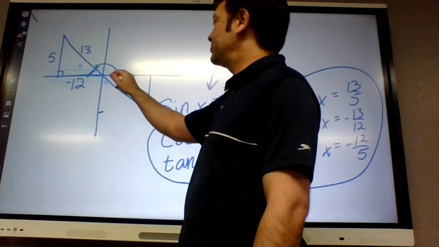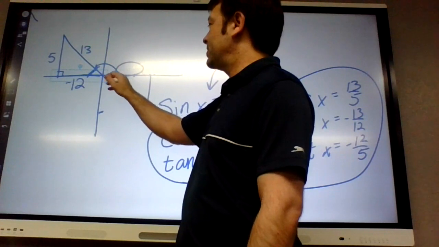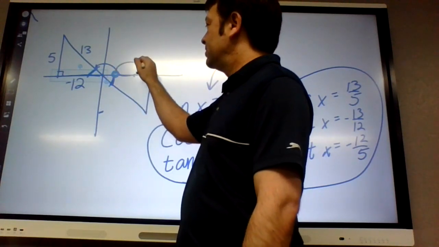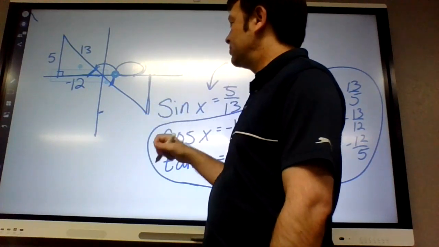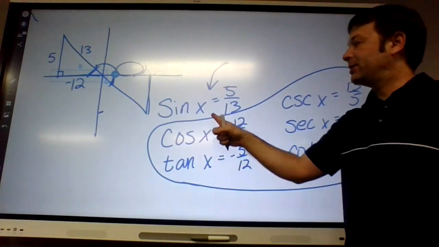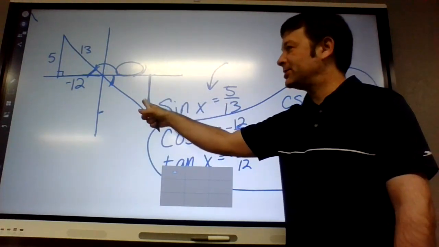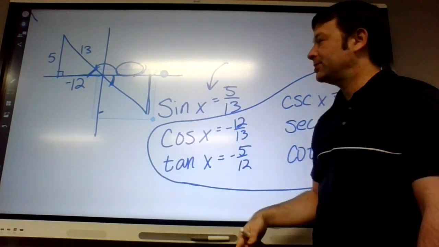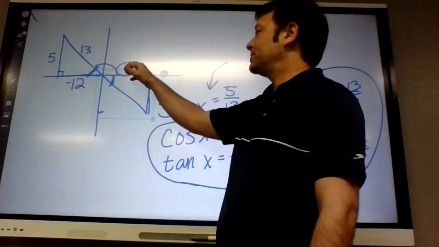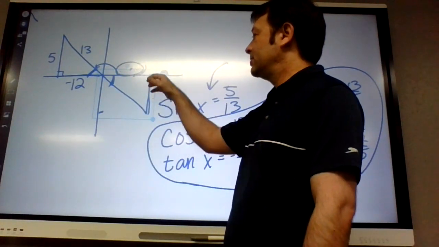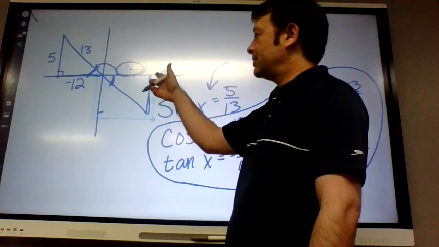Now the x value, the adjacent side, should be positive. Here's the angle. But the y value is negative. Or you can just remember sine is negative in this quadrant, cosine is positive in this quadrant. You could do it that way too. But I think it's easier if whatever the adjacent side is, you call it positive, and whatever the opposite side is, you call that negative.